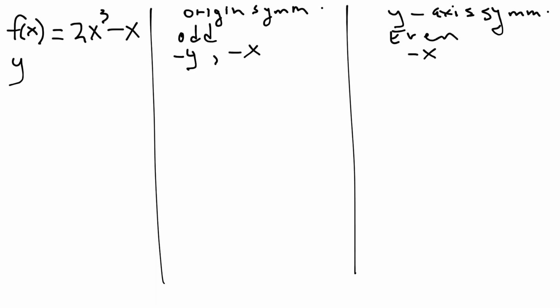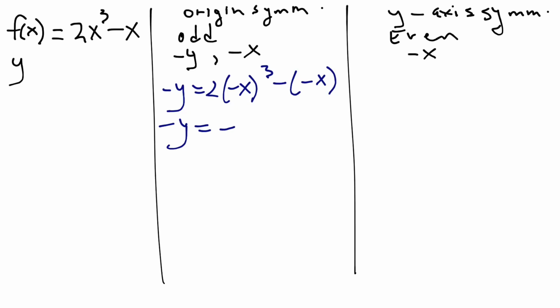So for origin symmetry, we've got negative y is equal to 2 times negative x cubed minus negative x. Negative y is equal to negative 2x cubed plus x. By now, you can probably see that if we divide by negative 1, it basically changes all the signs, so I'll go ahead and do that.